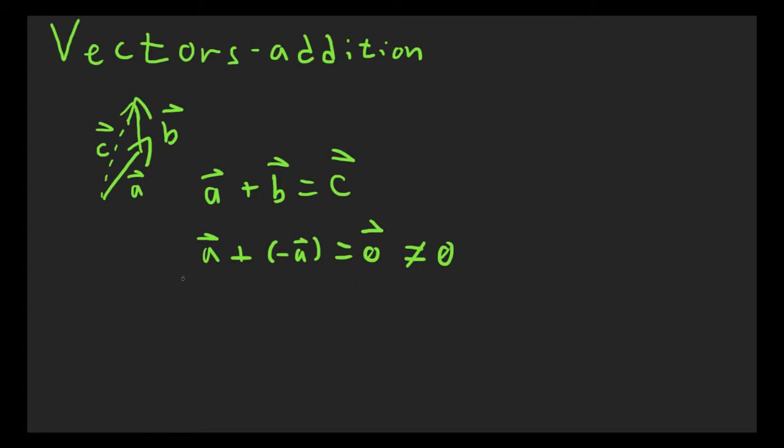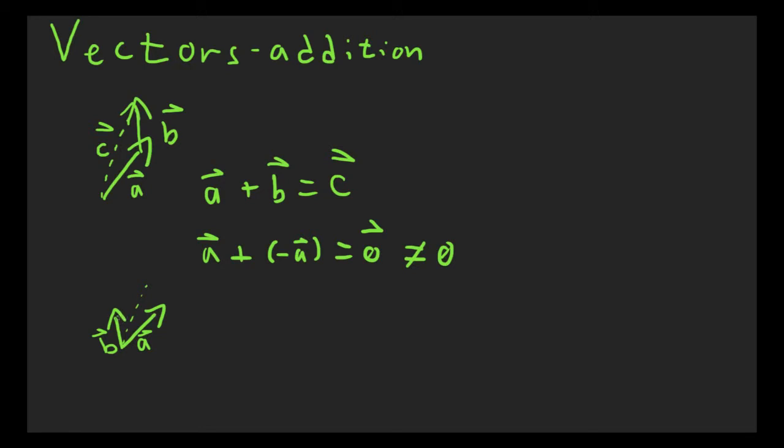Right, so the other way of doing vector addition is what we call parallelogram law. So that can be used when you've got two vectors tail to tail like this. And all that means is that vector A plus vector B is equal to vector C, look about like that.